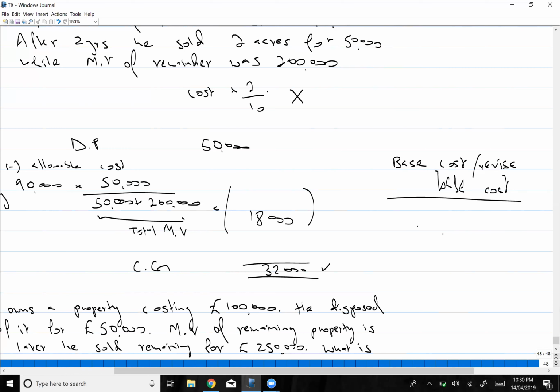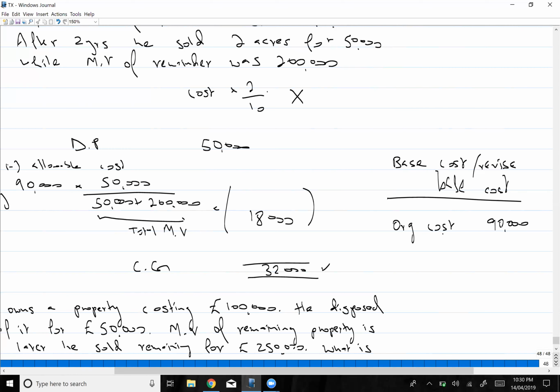So you compute base cost for the remaining 8 acres. We'll take the original cost of 10 acres of land, which was 90,000.